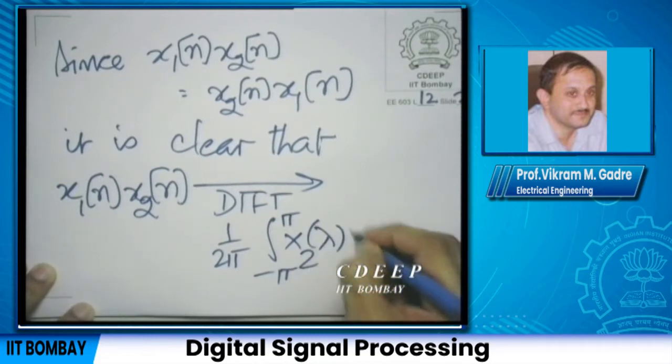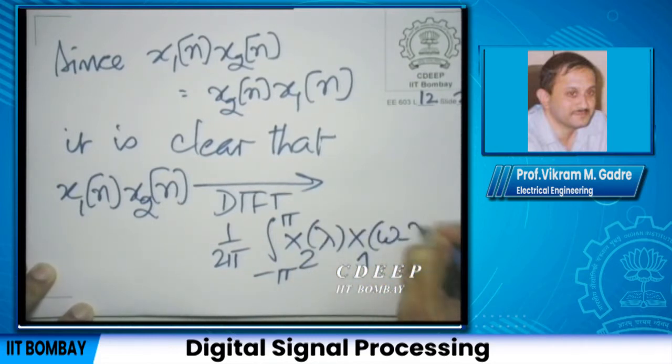So, it does not matter which one you fix and which one you move. This is not a very important observation when you have very similar DTFTs, but there are situations where it might be preferable to fix one of the DTFTs and move the other, and therefore, you have full freedom which one to fix and which to move. That is what is being emphasized here.